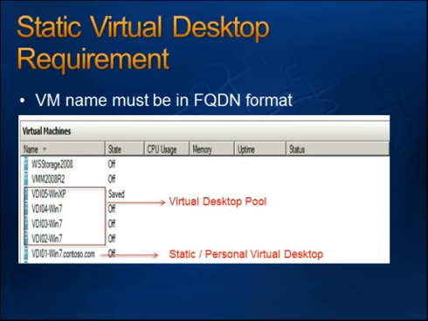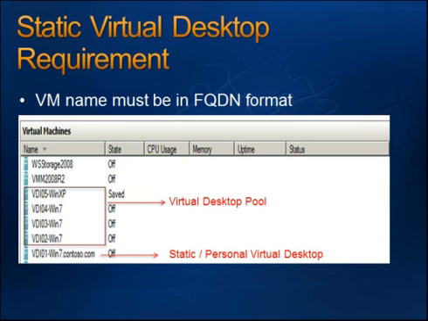On virtual machine naming for static virtual desktops, you need to make sure that your virtual machine name must be a fully qualified domain name. As you can see on the screen, VDI-01-Win7 is my computer name, exactly the same as the computer name inside my virtual machine, and contoso.com is my domain name.